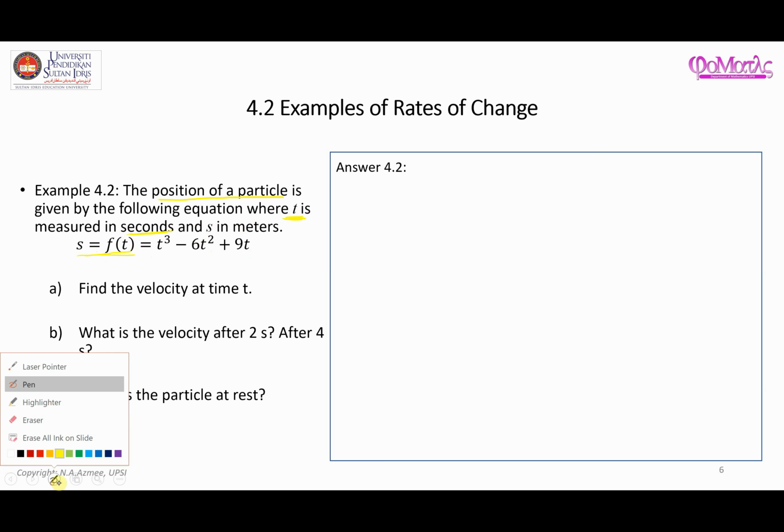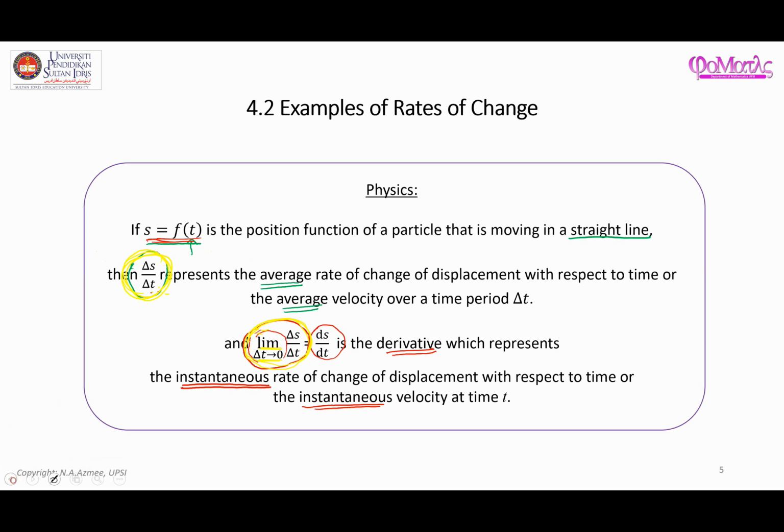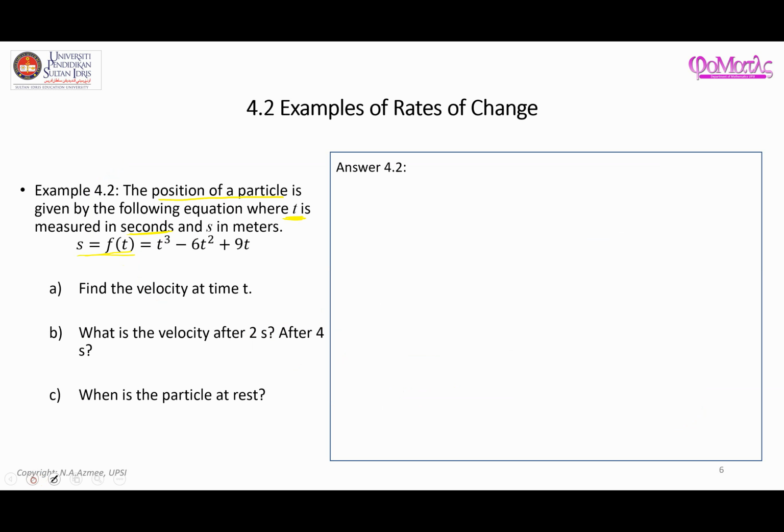You are asked to find the velocity at time t, and according to the idea given here, velocity is just finding the derivative of the given function. So this is what you have to do: you need to differentiate the given function.